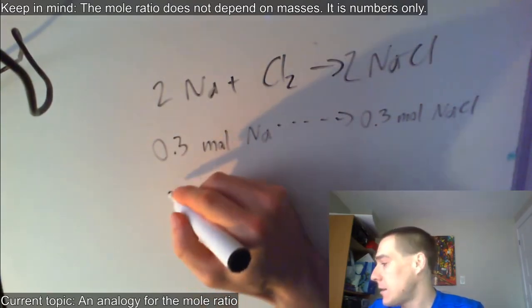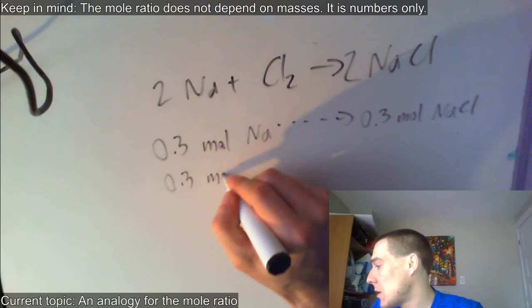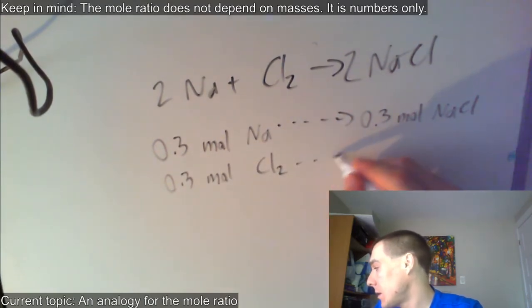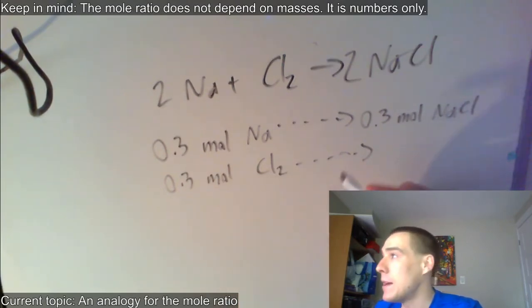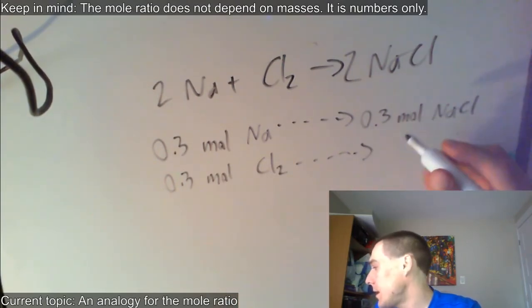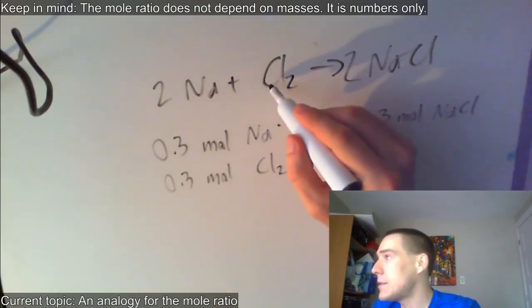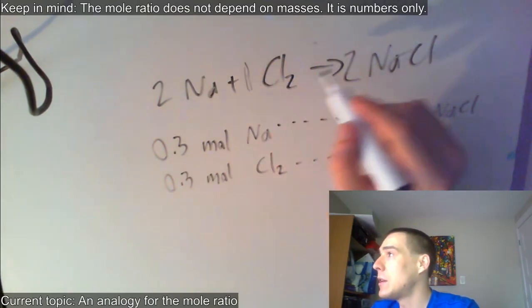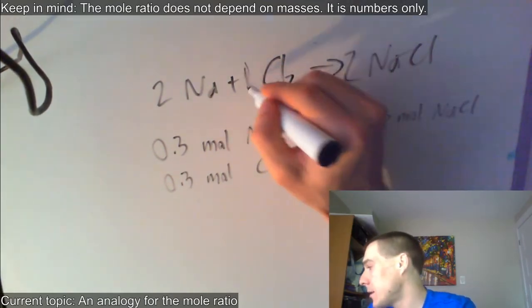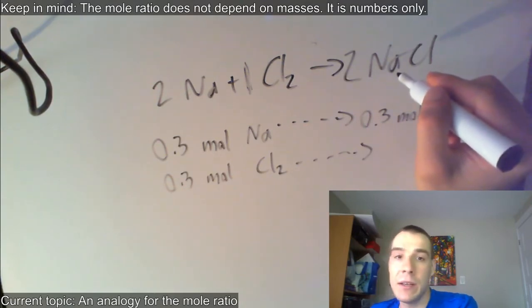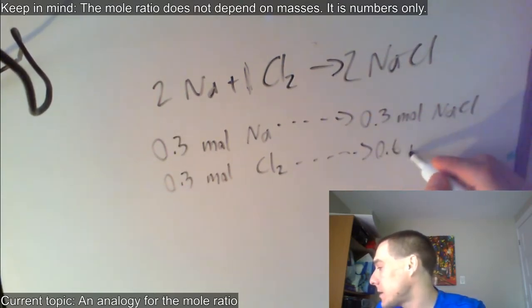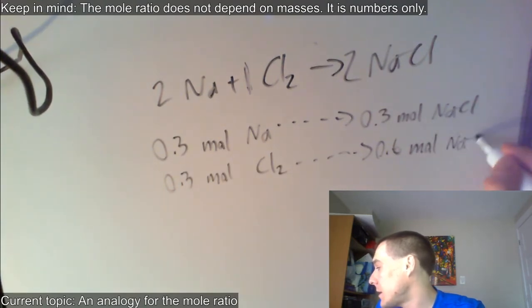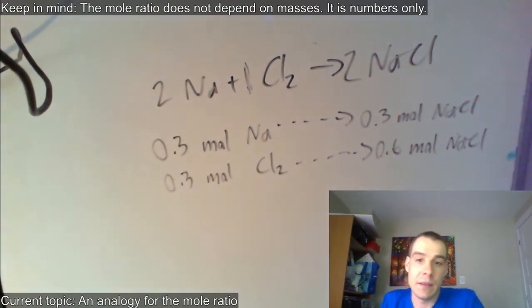But if I had 0.3 moles of chlorine, and as much sodium as I wanted, it's not 0.3 anymore, because it's 1 of these to 2 of these. Every 1 chlorine gets me 2 sodium chlorides. And so I would be able to make twice that, 0.6 moles of NaCl. And so on and so forth.